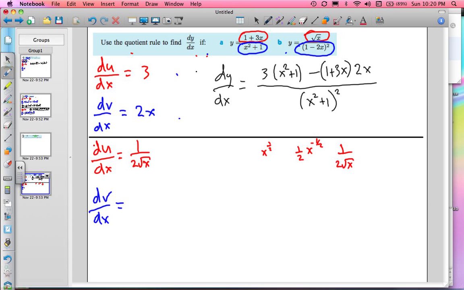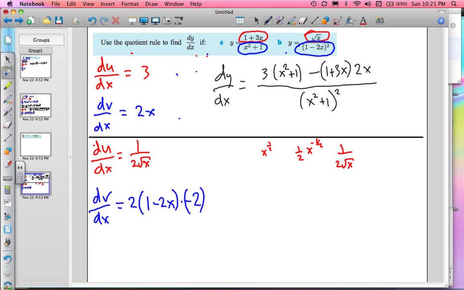So we have the derivative for the regular function, so the 2 gets kicked out to the front. So it's 2 times what's inside the parentheses, 1 minus 2x, and then 2 minus 1 is just 1, times the derivative of what's inside, which in this case is negative 2. Okay, so we have dv dx.